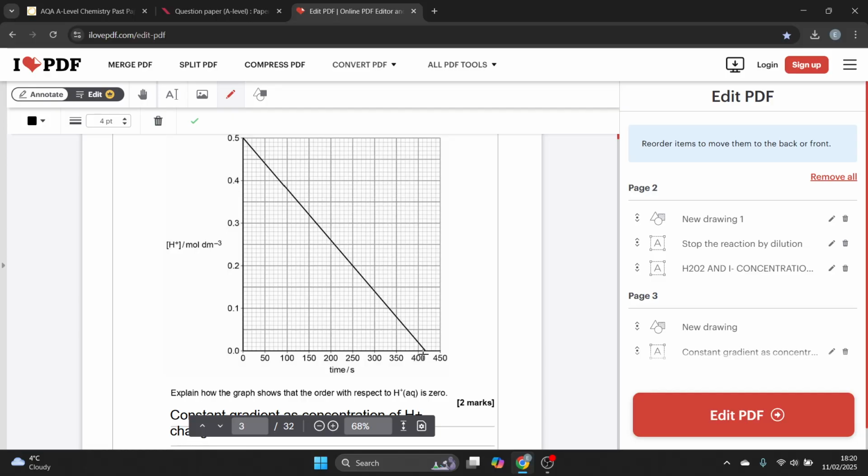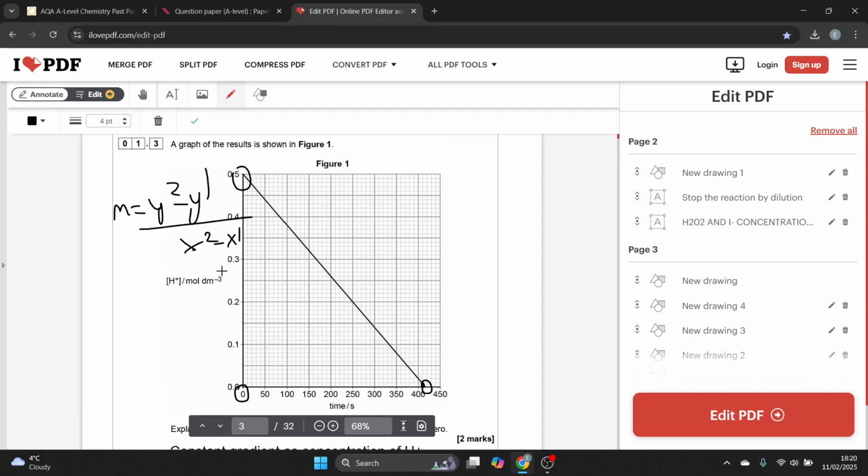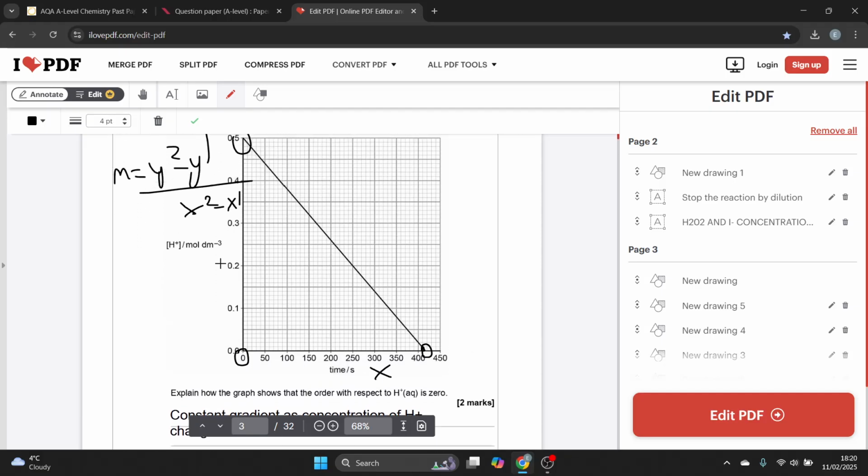So the gradient is y2 minus y1, 0.5 minus 0, over x2 minus x1. Well, what's the x-axis? That's the x-axis, that's the y-axis.